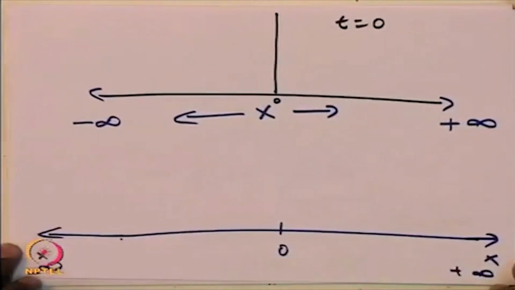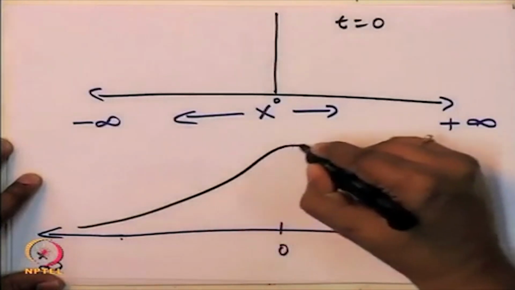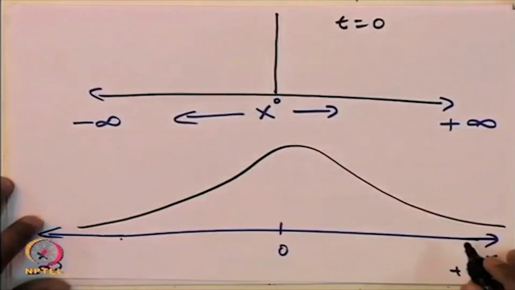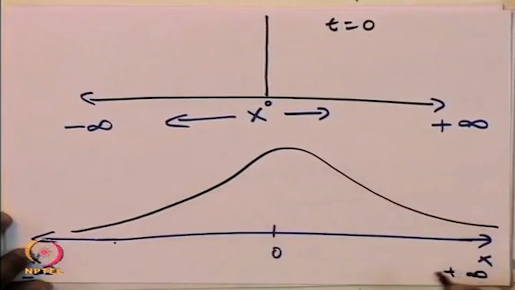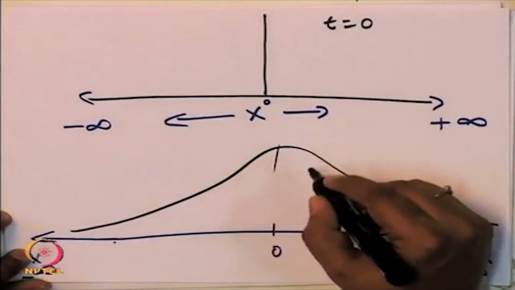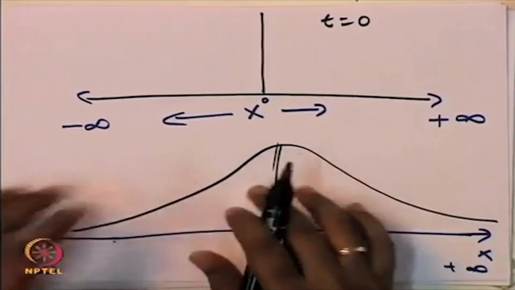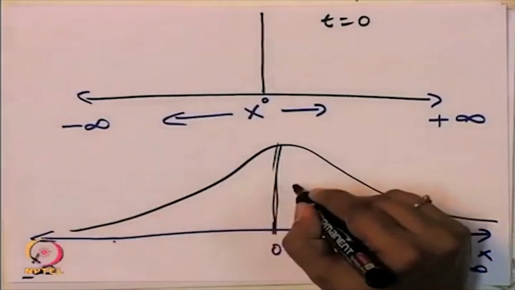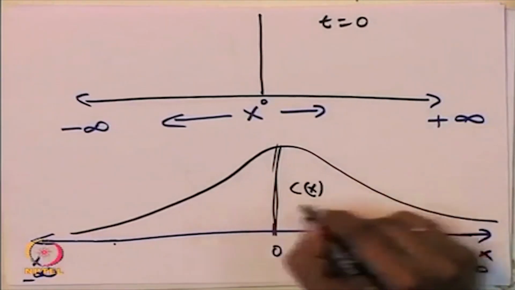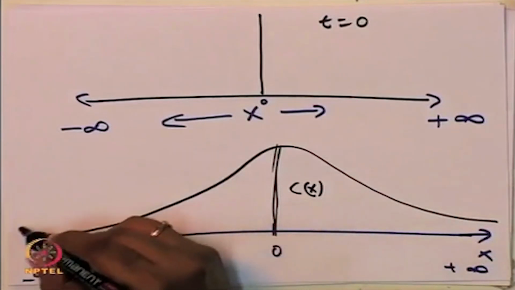What you would see is a nice symmetric curve like this. Maybe what I drew may not be perfect, but I wanted to have the peak at 0 and be symmetric about it. This is the concentration as a function of x. As it goes to infinity, the concentration will go to 0.